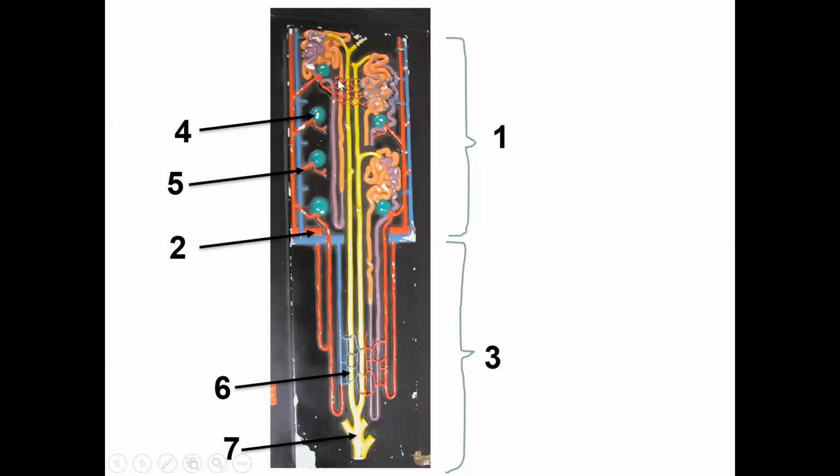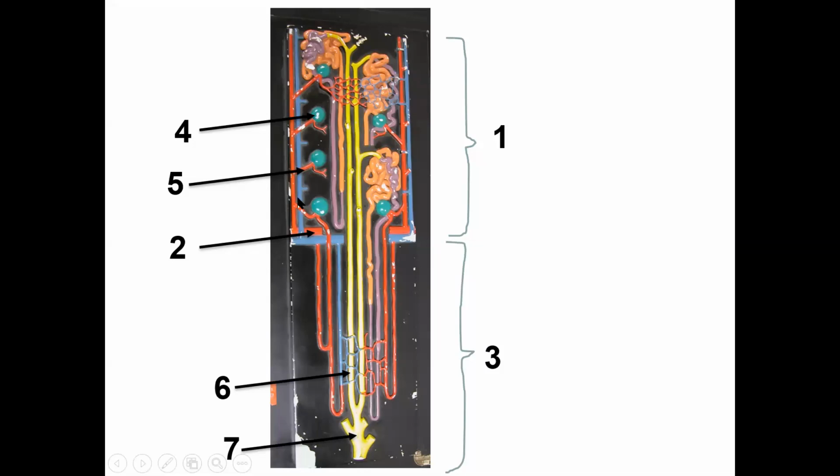This part of the capillary right here in the cortex, on the side of the tubular structure, is called the peritubular capillaries. And this artery, right at the edge between the cortex and the medulla, is called the arcuate artery. This artery extending into the cortex is called the cortical radiate artery.